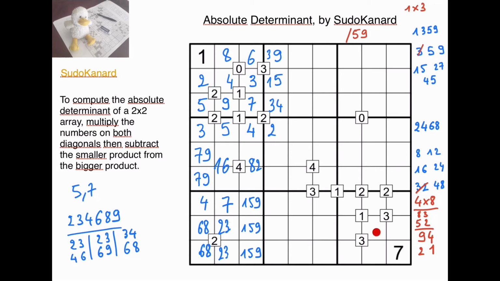So both remaining digits are 5 and 9. And one of them will be excluded as well. And I don't remember which one it is, so let's try 5. If I make this a 5, then this is a 3. And we have 2 and 8 in some order, and we have 1 and 9 in some order here and there.